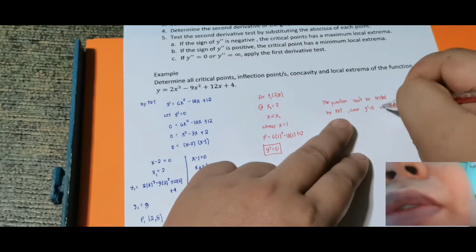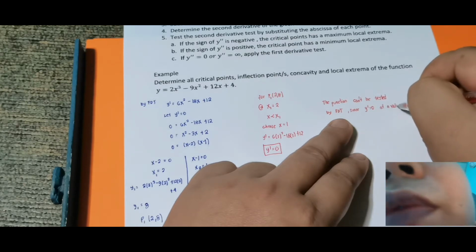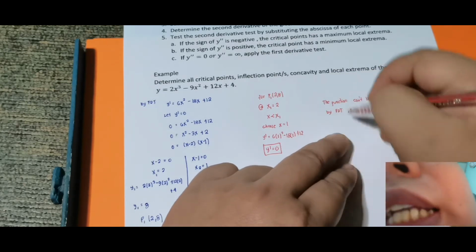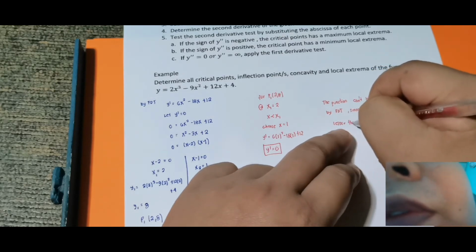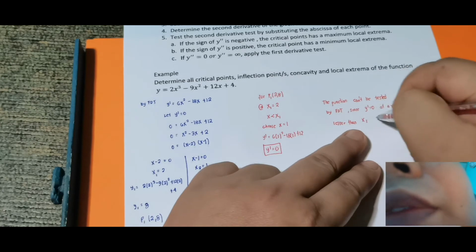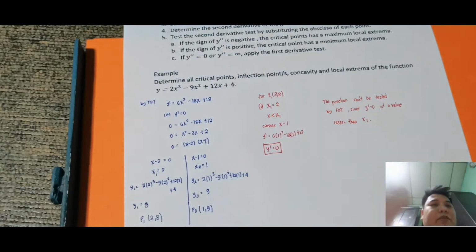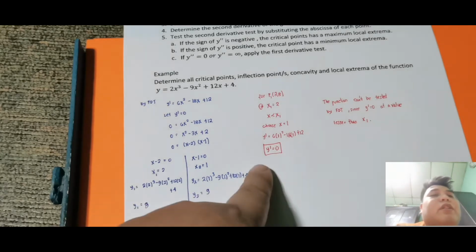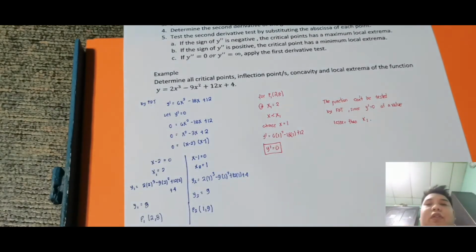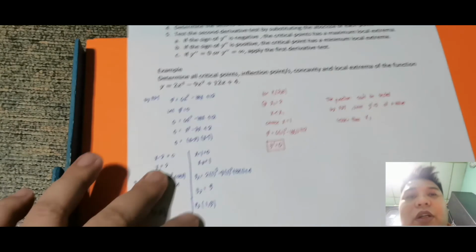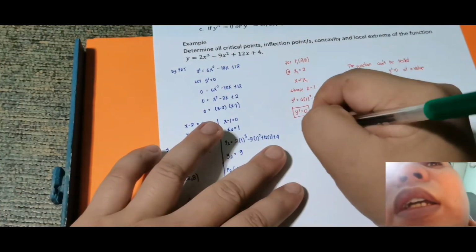So at a value less than x sub 1. Okay, so since hindi applicable si first derivative test, kasi sabi ni first derivative test, basta may isang mag-0, kahit hindi mo pa chine-check yung isa, automatic second derivative test tayo.